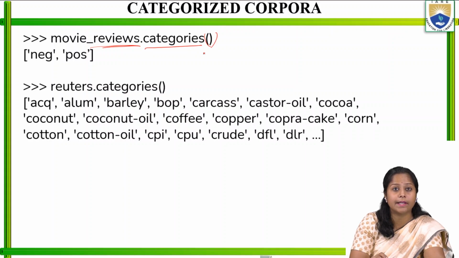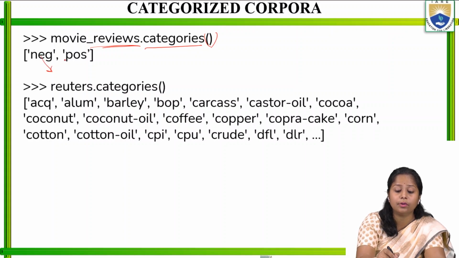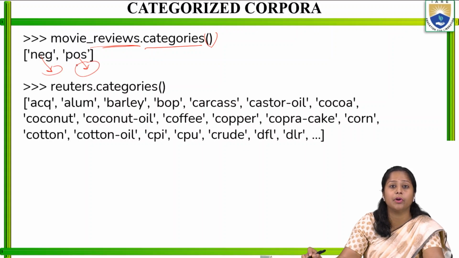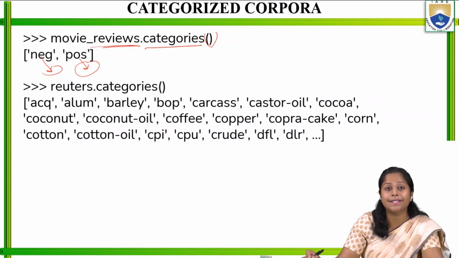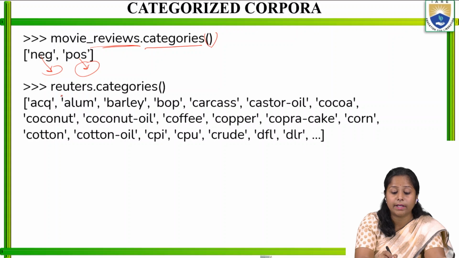In the very next line, it is going to give two types of files. The first type is negative and the second type is positive. So two types of documents are there: the first gives us the negative reviews, the second gives the positive reviews for this movie reviews corpus. If I want to call the reuters related categories, I need to write reuters.categories function.